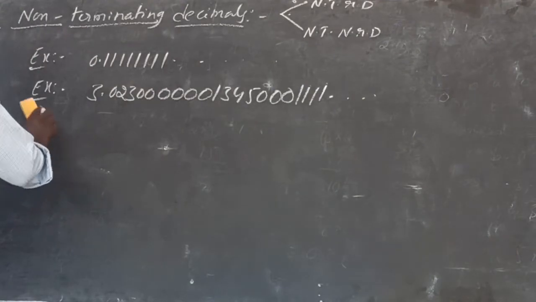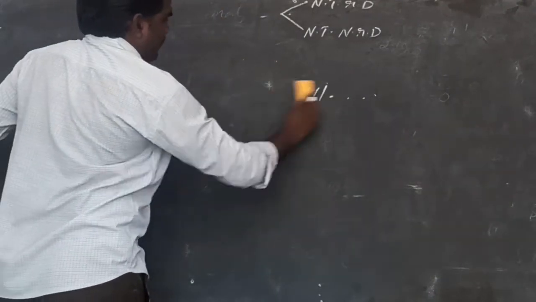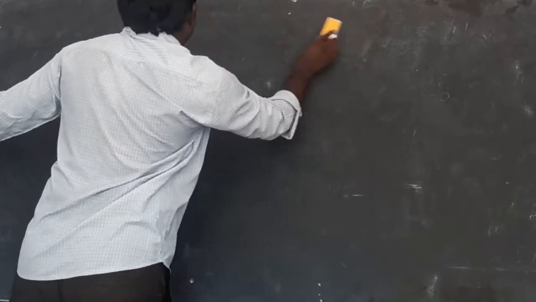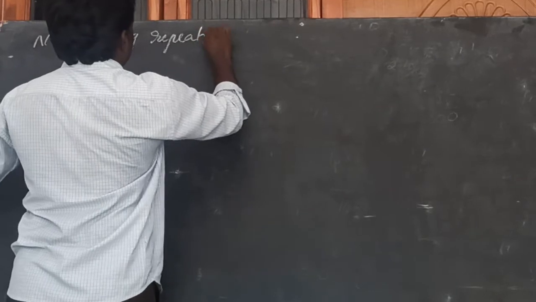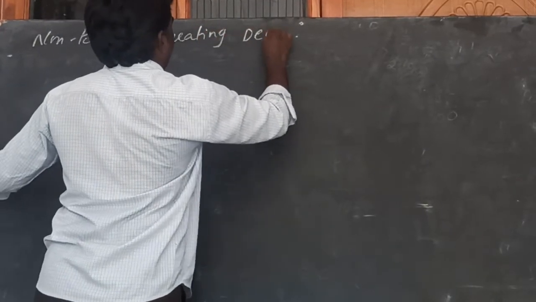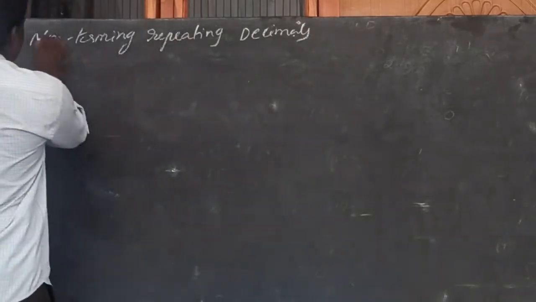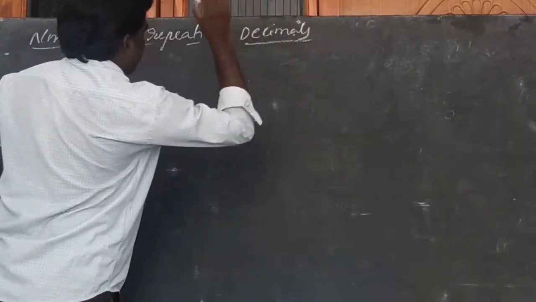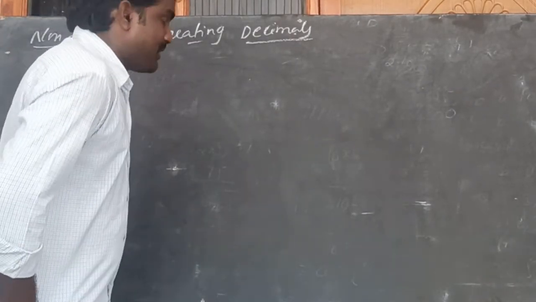Period and periodicity. What is called period? Non-terminating repeating decimals are changed into the form of P by Q by using period and periodicity.